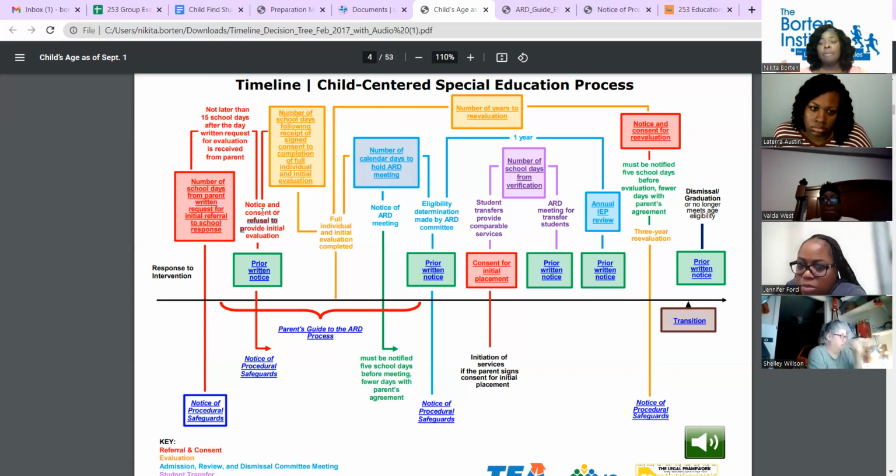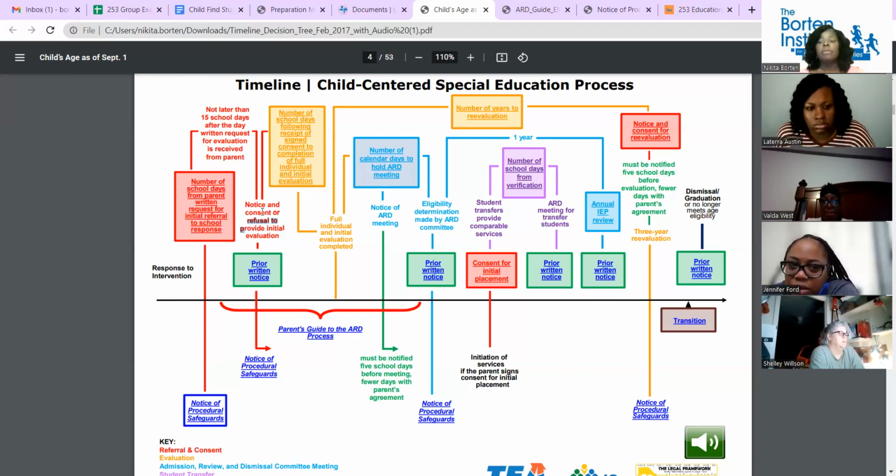So you give prior written notice first and then you get consent. Absolutely. So all that is supposed to be done within 15 days.